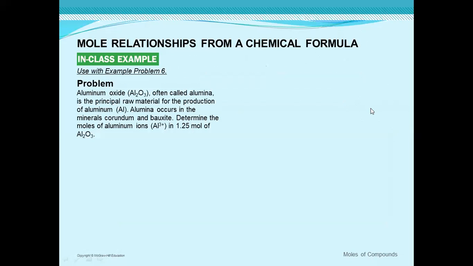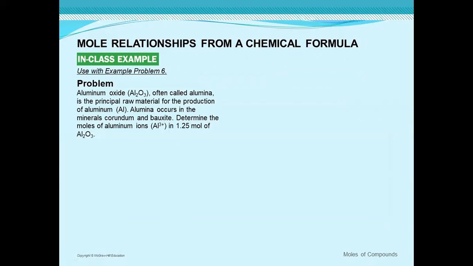Okay, so this is the example. Can you read this example, Mazen? Aluminum oxide, Al2O3, often called alumina, is the principal raw material for the production of aluminum.